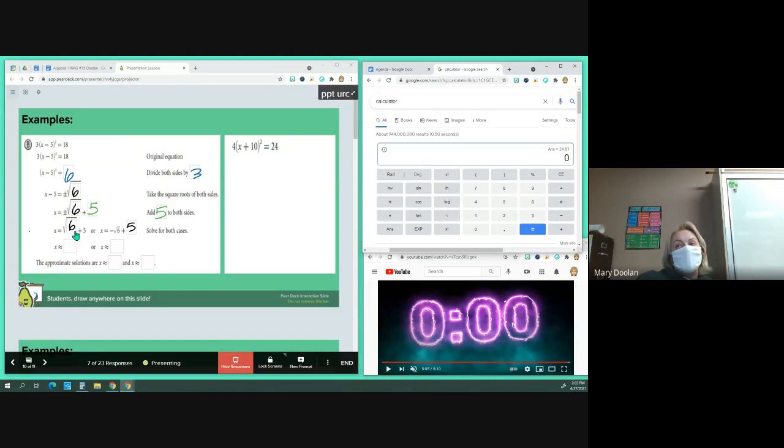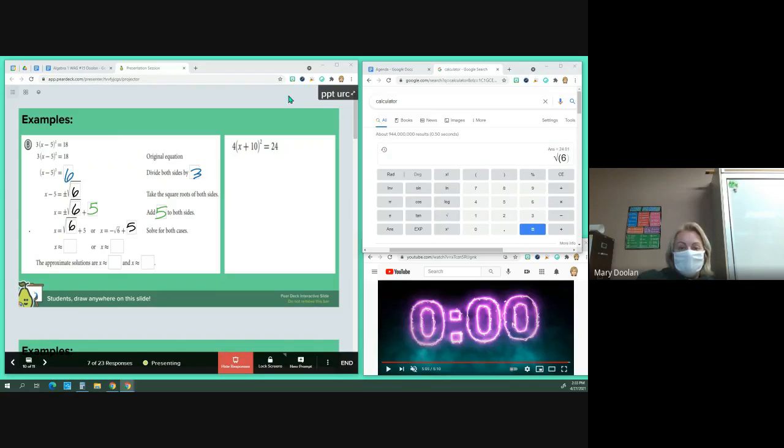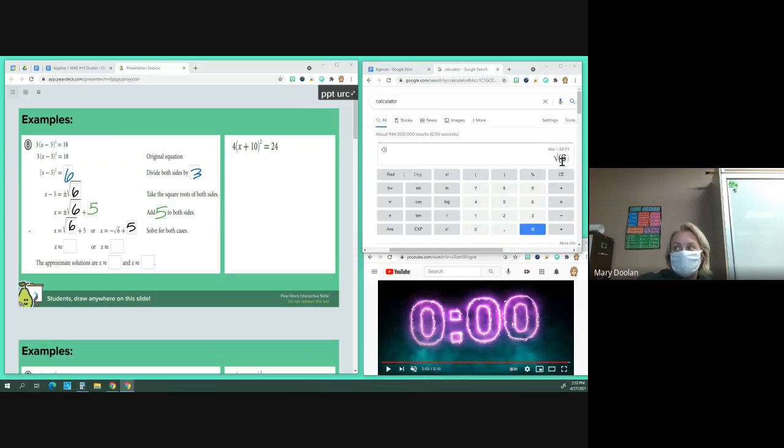x is about the square root of 6 plus 5. So I want to do the square root of 6, and I'm going to click on the square root symbol and then put a 6. If I put plus 5 right now, it'll be incorrect. I have to close the parentheses because that plus 5 is not under the square root of 6.